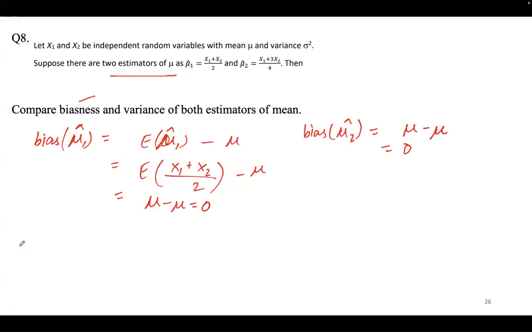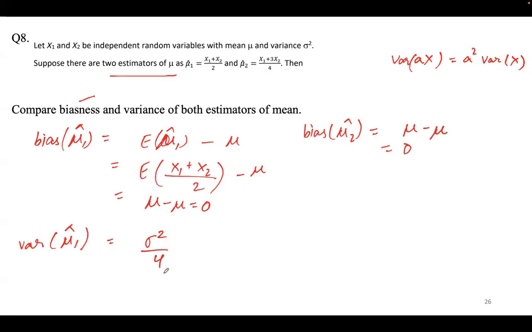Now, when you want to calculate the variance, so the variance of mu1 hat, now the variance here is going to be sigma square by 4, right? Because here it's 2. Do you remember this thing? Variance of aX is equal to a square variance of X, right? So this is what we're using. In this case, a is 2.